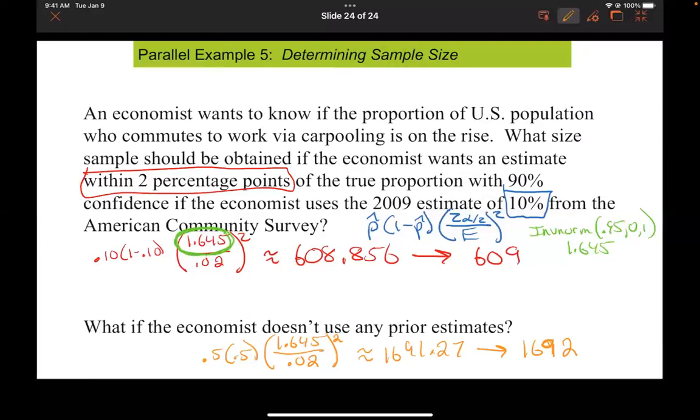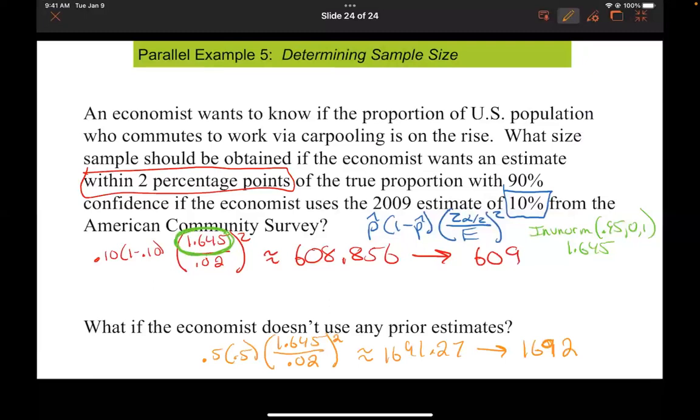So y'all can see that using a prior estimate is a much better idea. If you can find any kind of estimate previously, it's a great idea to use it because it gives you a starting point. Generally things don't change so much that a prior estimate is going to steer you wrong. This said 10% of people carpool to work.